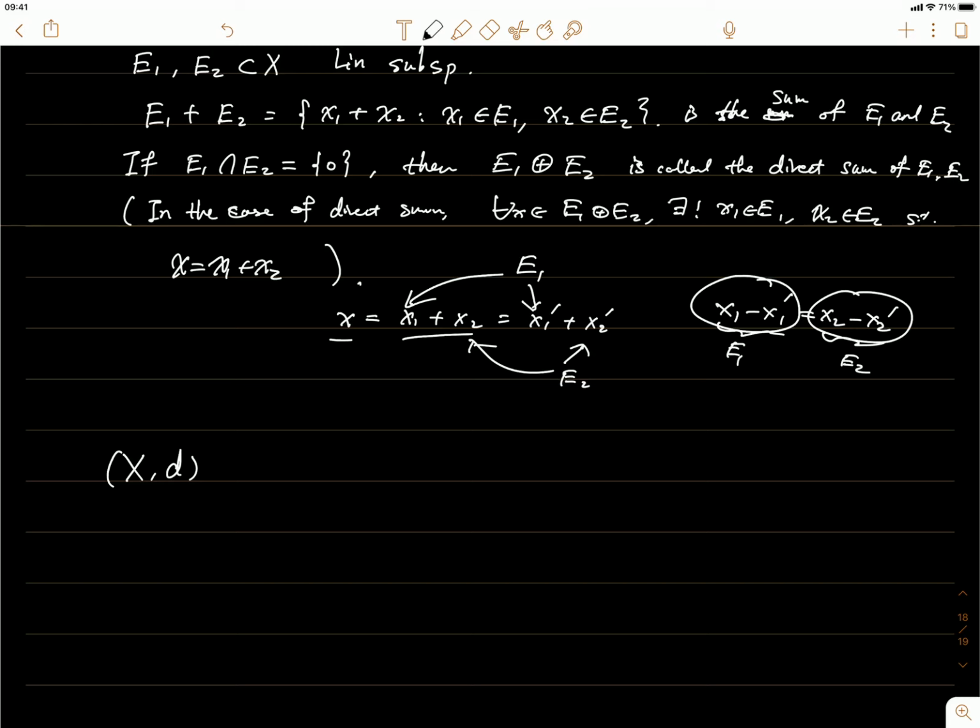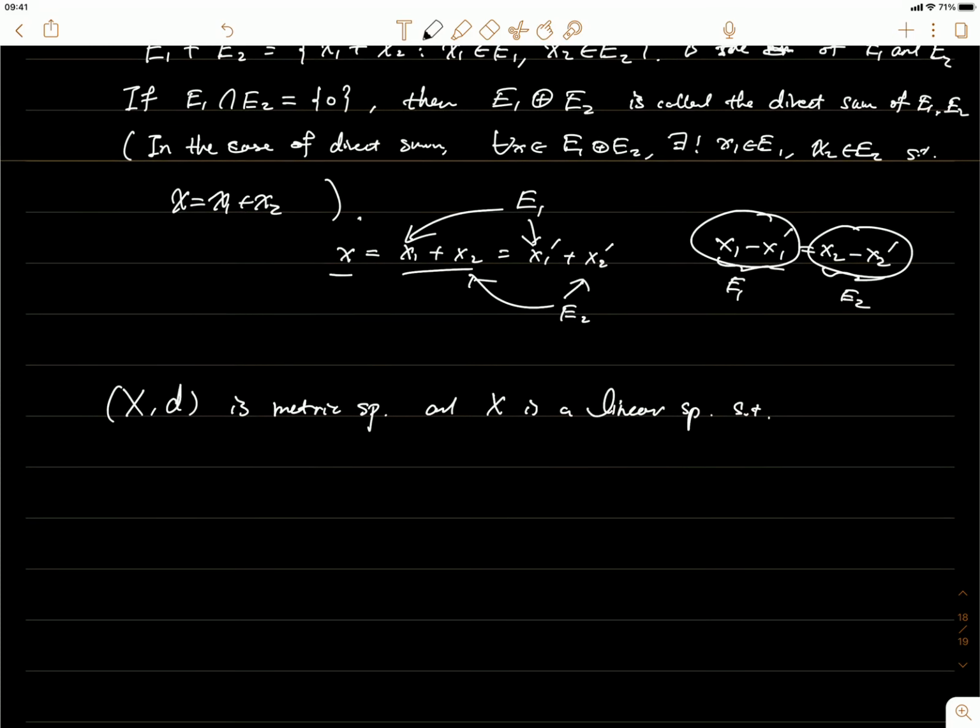Okay, so X is a metric space, which means that we have a topological structure on X. At the same time, we want X to be a linear space. But the operations on them should satisfy the following. The first one is that D is translation invariant.